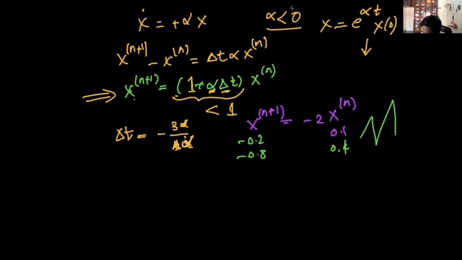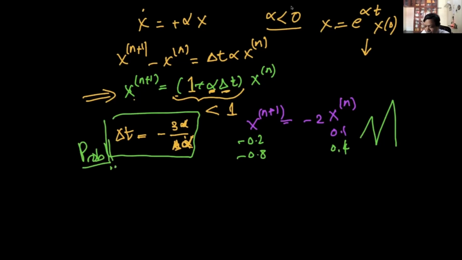And that is not what I want. I want the function to decrease with time. So this is definitely a problem. If I choose delta t like this, there's a problem, so I should not choose delta t like that. If I choose delta t large, there is a difficulty.